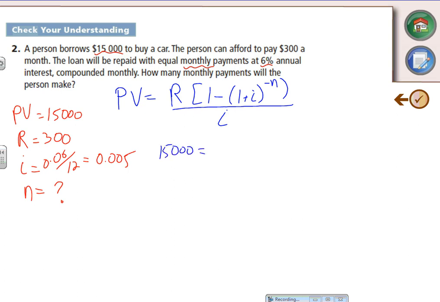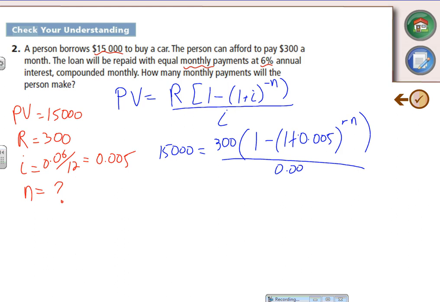So let's fill it in. 15,000 equals R, 300, times 1 minus 1 plus 0.005 to the negative n, over 0.005. Don't forget to divide that interest rate before you plug it in. I'm going to do something real sneaky.